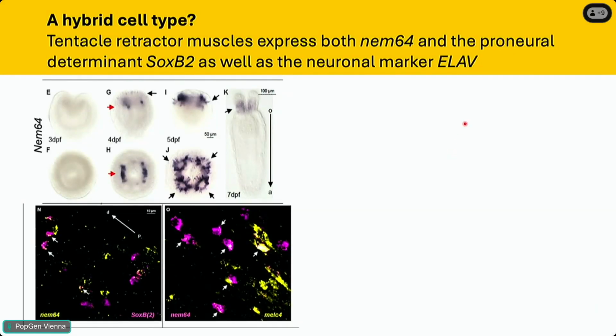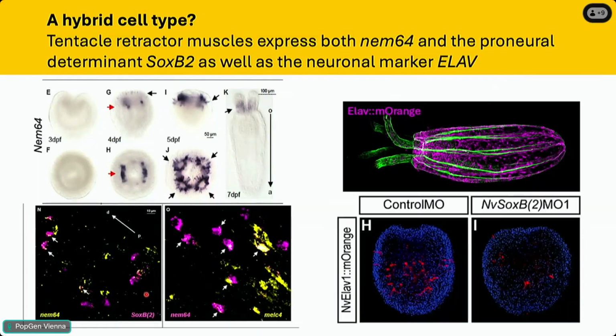One of the key factors here is SOXB2, a transcription factor that was previously shown functionally to matter: if you knock down SOXB2, you basically lose almost all neurons. And it's interesting that this is co-expressed in the same cells, together with these muscle markers.